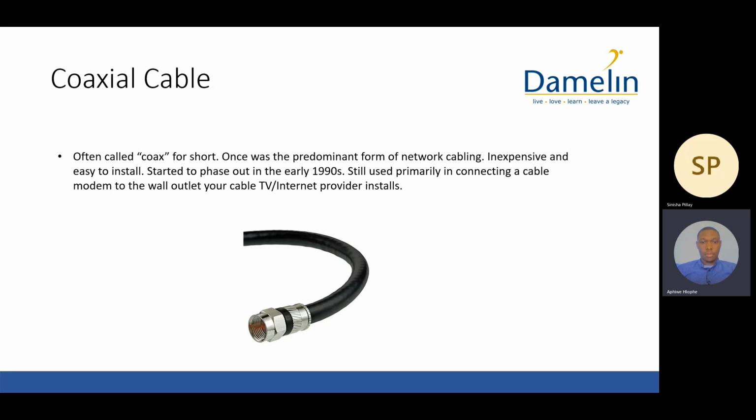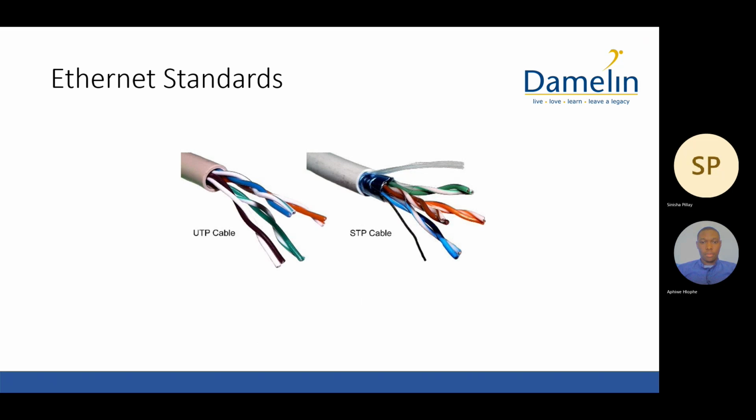We also have coaxial cables, which you may also call DSTV cables, but these are more popular in TV networks. That's why you see them on DSTV. But they can also be used for regular networking, especially in the bus topology. Olden day bus topologies made use of coaxial cables.